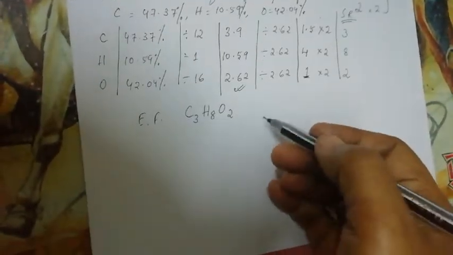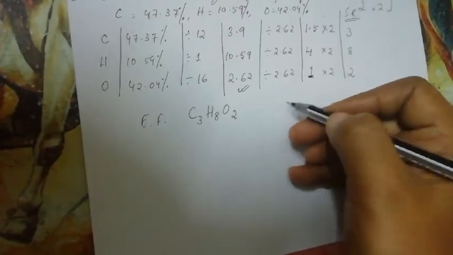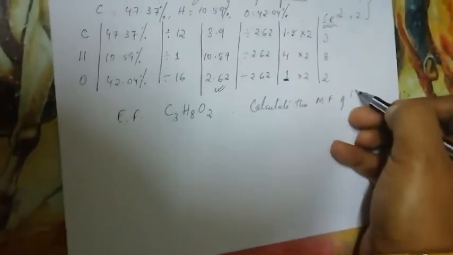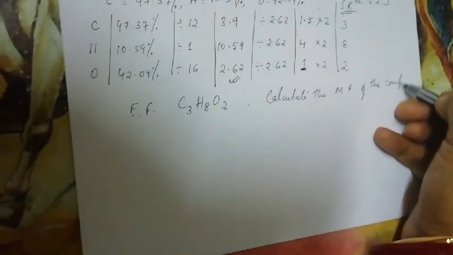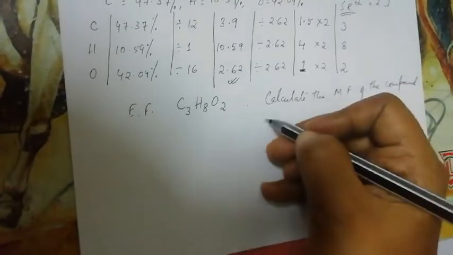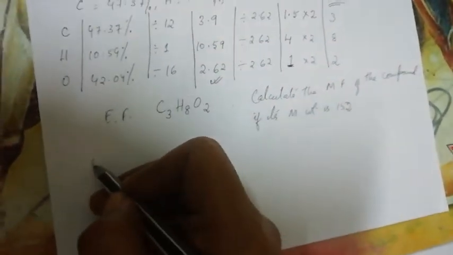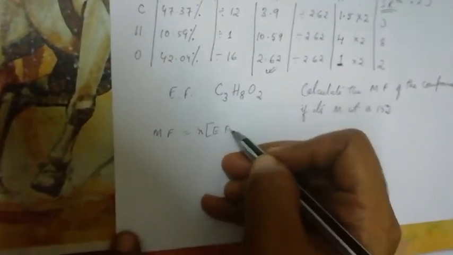Okay. Now, if the molecular weight is given, suppose I add to this, calculate the molecular formula of this compound if its molecular weight is 152. Now you know molecular formula can be found out by multiplying n to empirical formula.